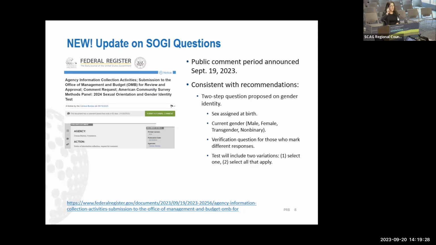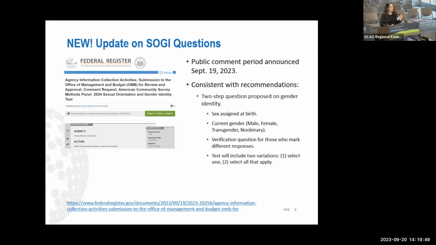For people who answered differently for sex at birth and current gender, there would be a verification question, whether it's an online form or a survey worker interviewing you. There would be a verification question just to make sure that it wasn't an accidental checkbox and miscoding of people accidentally as transgender when they didn't mean to be.